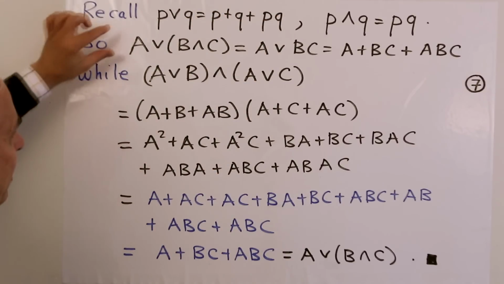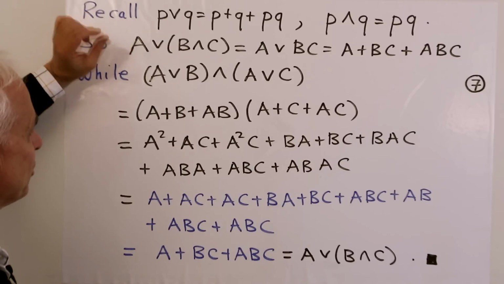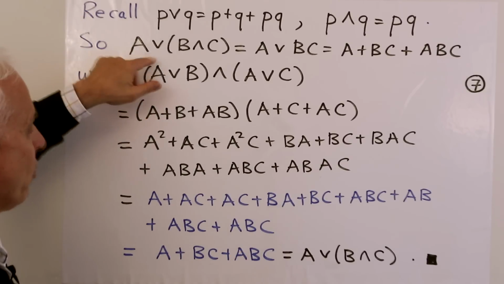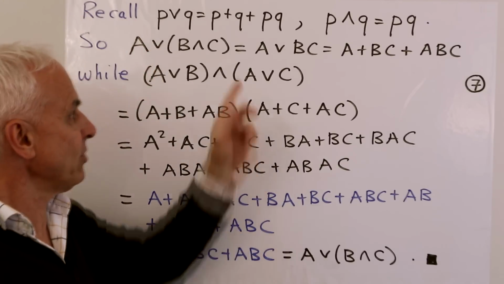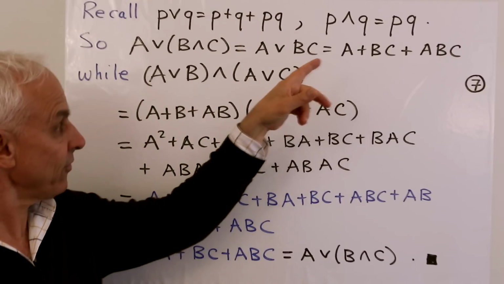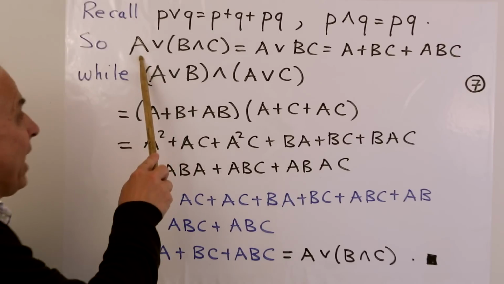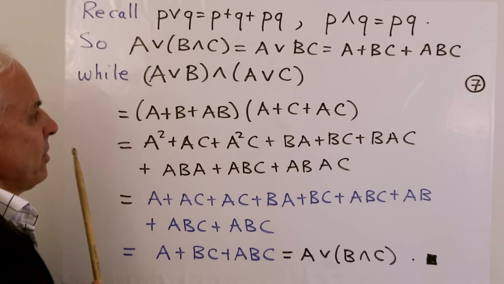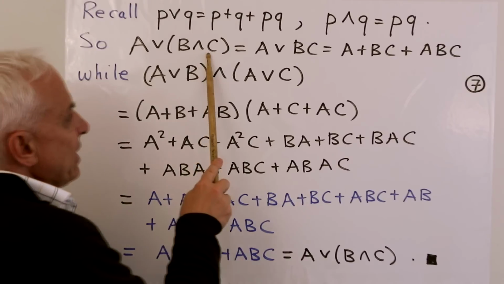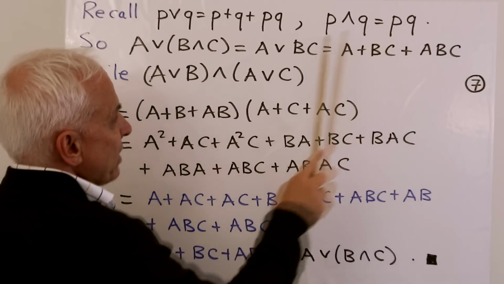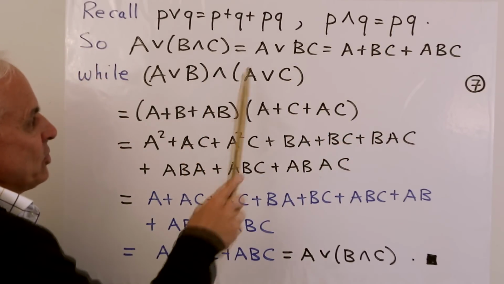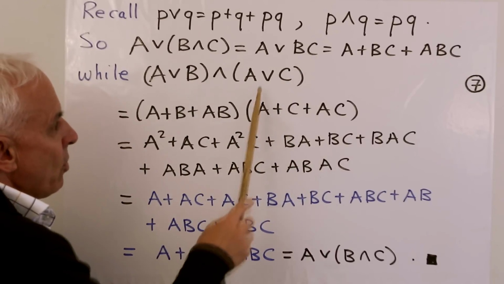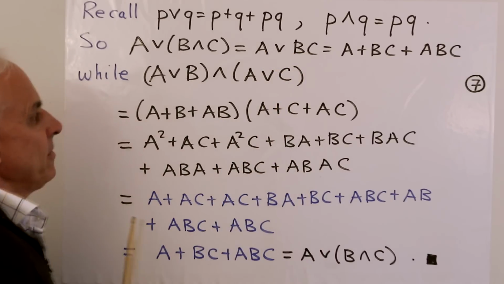Okay, so we're going to take the distributive law that we just had and convert it from wedges and unions into additions and multiplications. So let's start with A union B intersect C. The B intersect C can be expressed as just B times C. So we have A union B times C, or A ∨ BC.